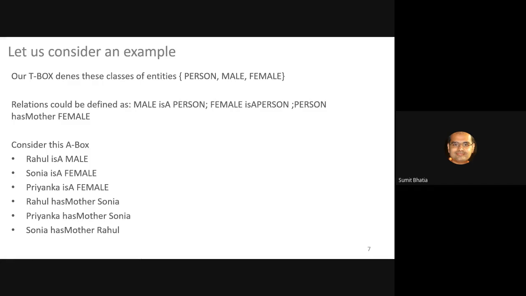But the right part, the entity Rahul, is an entity of type male. But our T box says that on the right hand side, I can only have an entity of type female when the relationship is has mother. So the knowledge graph says this is an error. It's incorrect because this is not in accordance with the definitions we have specified.